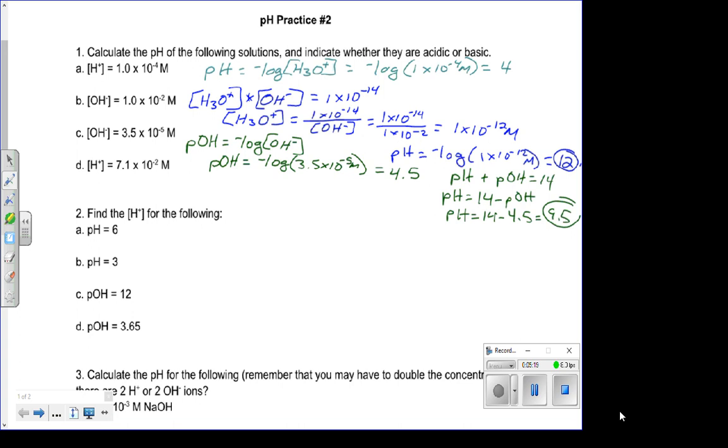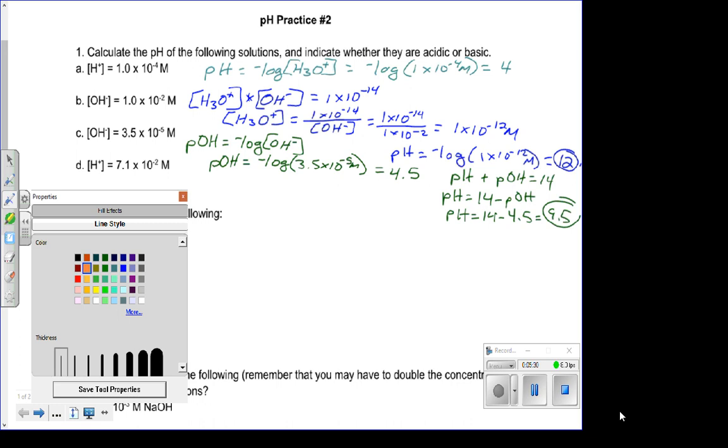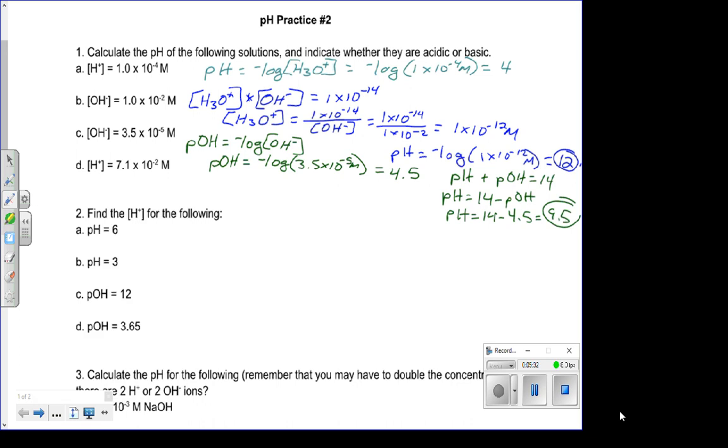So we take 14 minus the 4.5, and we got a pH of 9.5. Questions about that one? So again, there's a couple ways you can go about it if you want the pH, but you have an OH concentration.